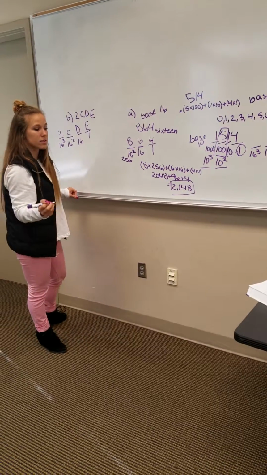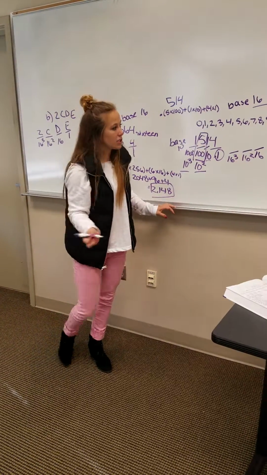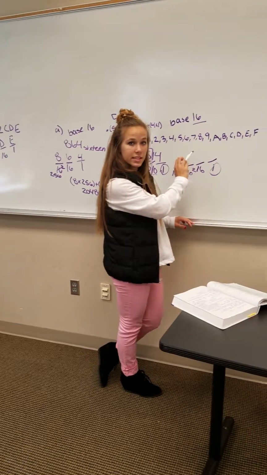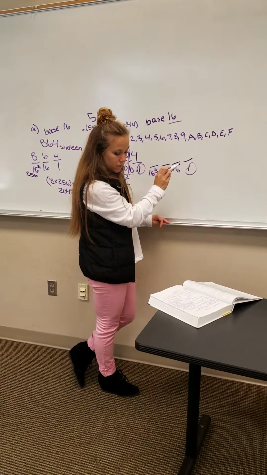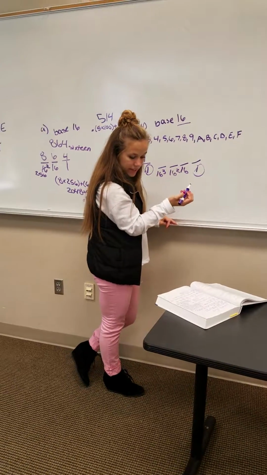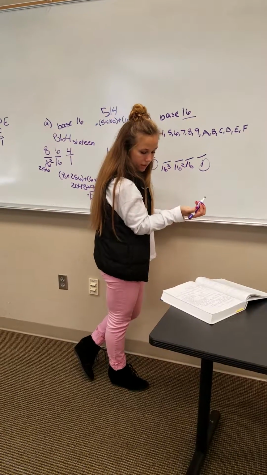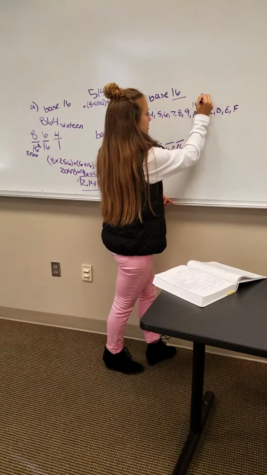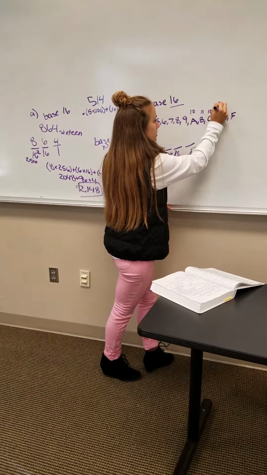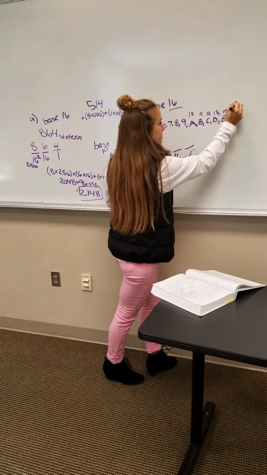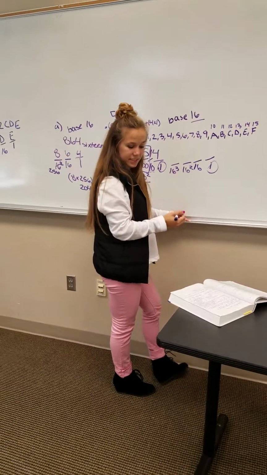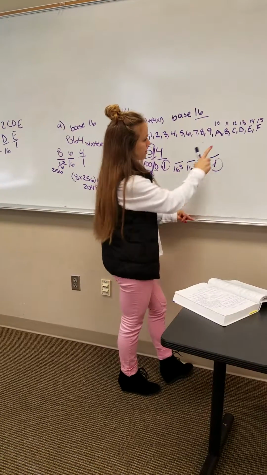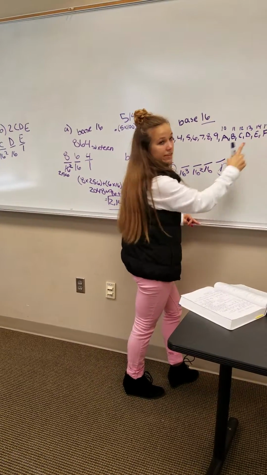Now we're going to write this a little easier to understand. If we translate the A through F, they end up being 10, 11, 12, 13, 14, and 15. Since we're using C, D, and E, we're going to use 12, 13, and 14.